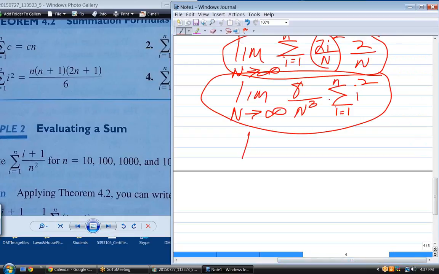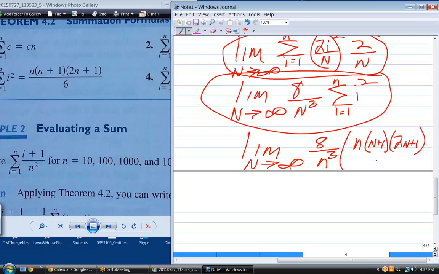In other words, we're going to lose the sigma in one step, and then we're going to lose the limit in the next. Okay. This just loses the sigma. Still 8 over n cubed, and the sigma of i squared is this whole thing here. So I'm going to multiply that by n times n plus 1 times 2n plus 1 over 6. That's what sigma i squared is equal to.